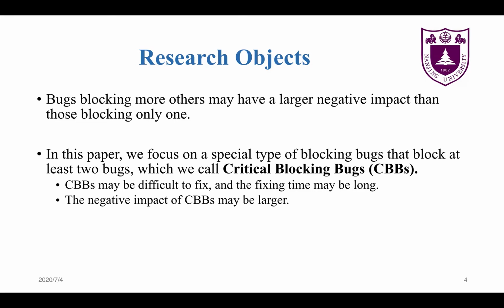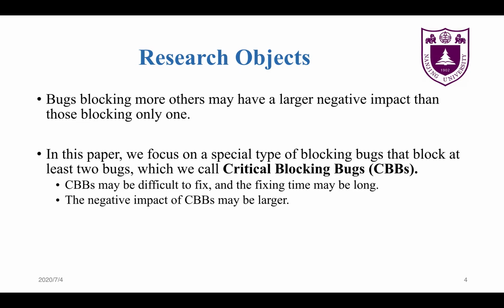Since the number of bugs blocked by each blocking bug is different, the impact of blocking bugs on software maintenance may also be different. Intuitively, bugs blocking more others may have a larger negative impact than those blocking only one.